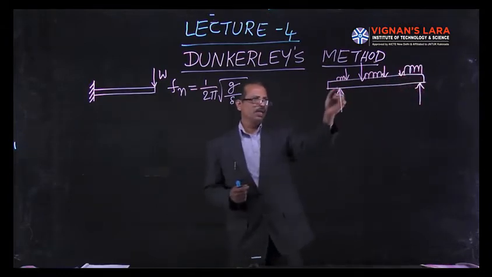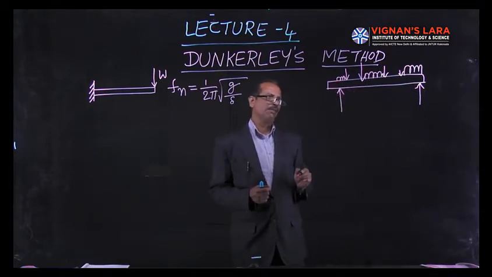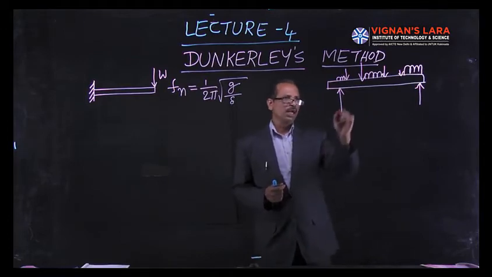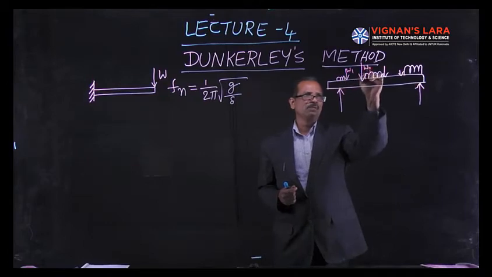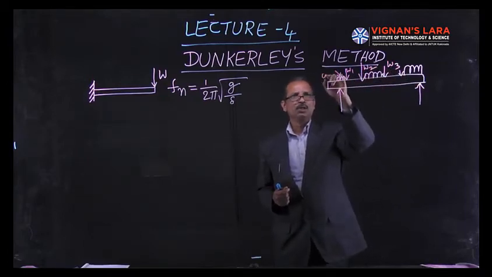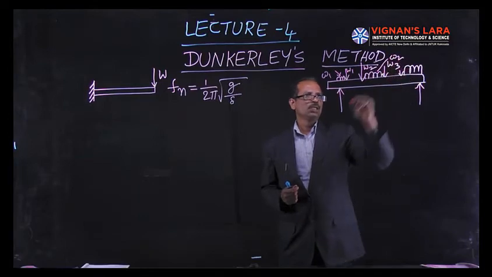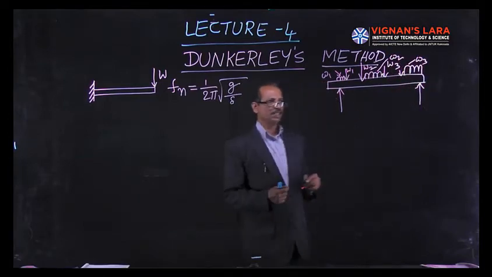Either it can be like this, at different locations simultaneously, UDLs with different magnitudes and point loads of different values, say W1, W2, W3, and this is w1 per unit length UDL, this is w2 per unit length, and this is w3 per unit length.